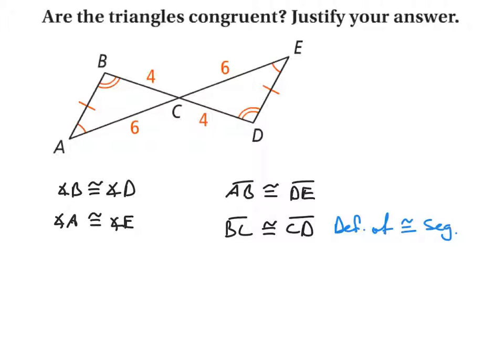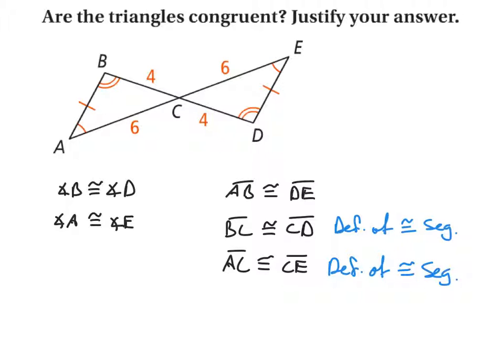All right. What about another line segment? Do we have another line segment? Yeah, line segment AC is congruent to line segment CE. And again, because they have the same length, that's the definition of congruent segments.